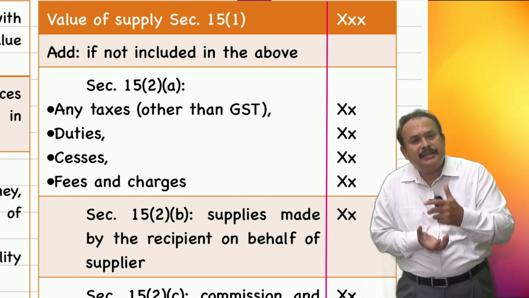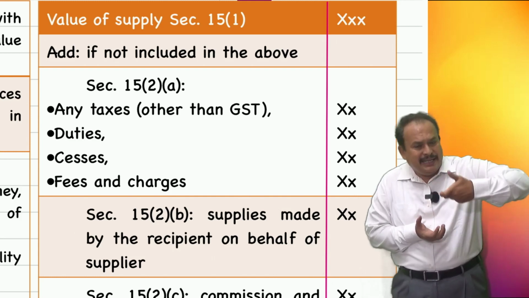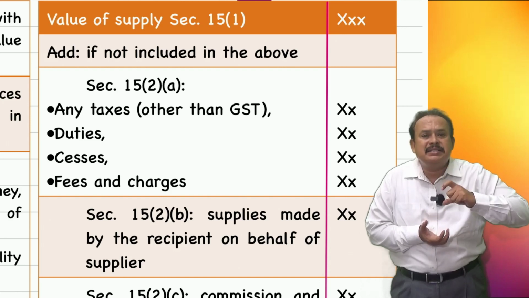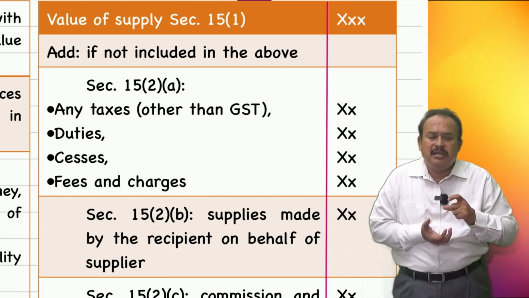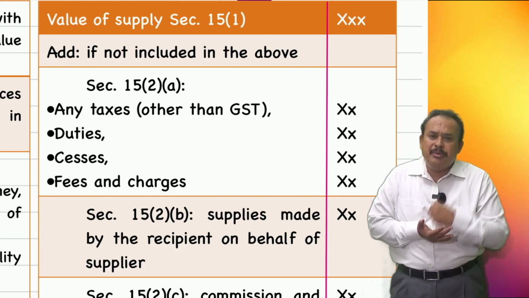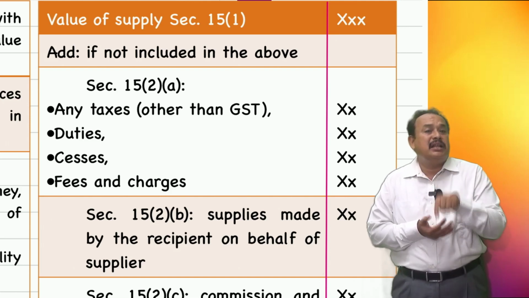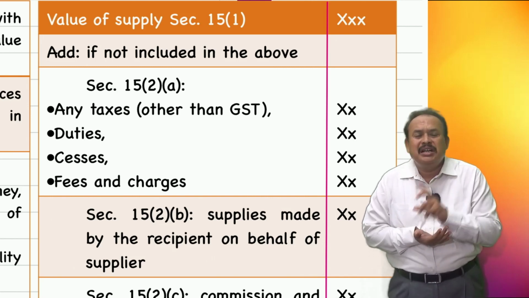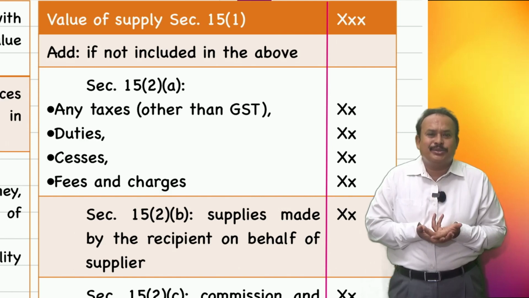Now the seller who sells the vehicle for 10 lakhs also levies this TCS of 10,000. Total becomes 10 lakhs 10,000. Now on account of sale of these goods, he is liable to pay GST also.